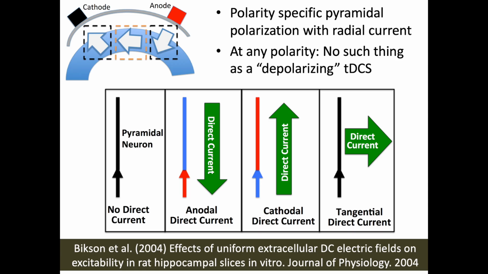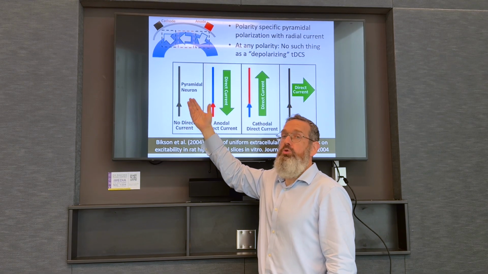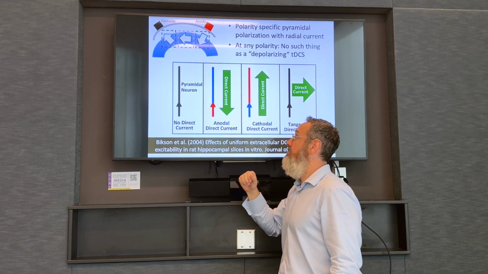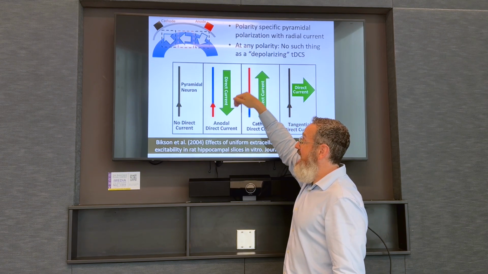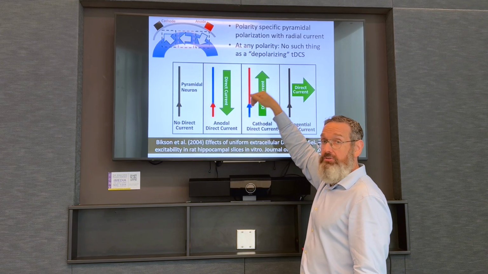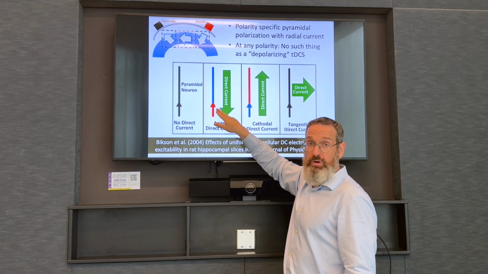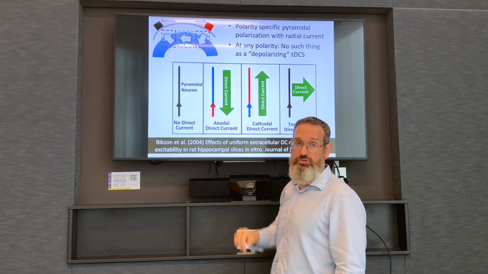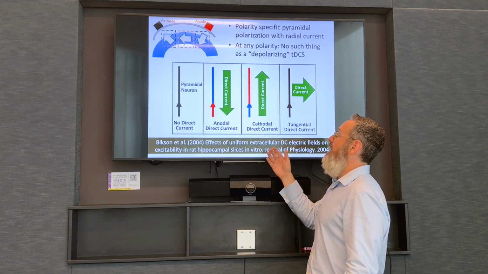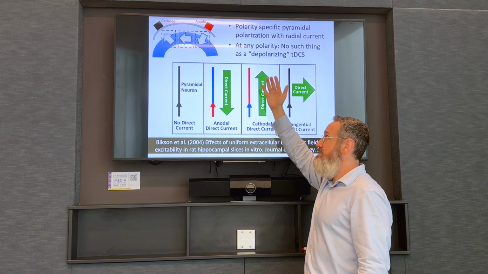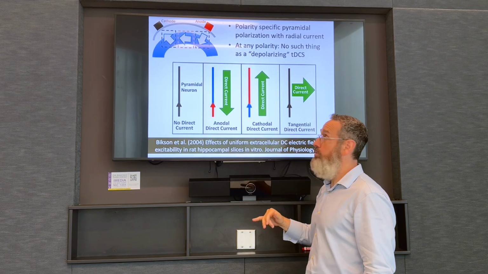So when we have no current flow, we have no polarization by the current flow itself. In the anodal direction, which is heading down from the surface, we produce a somatic depolarization and an apical dendritic hyperpolarization. In the cathodal direction, which is opposite, we produce a somatic hyperpolarization.